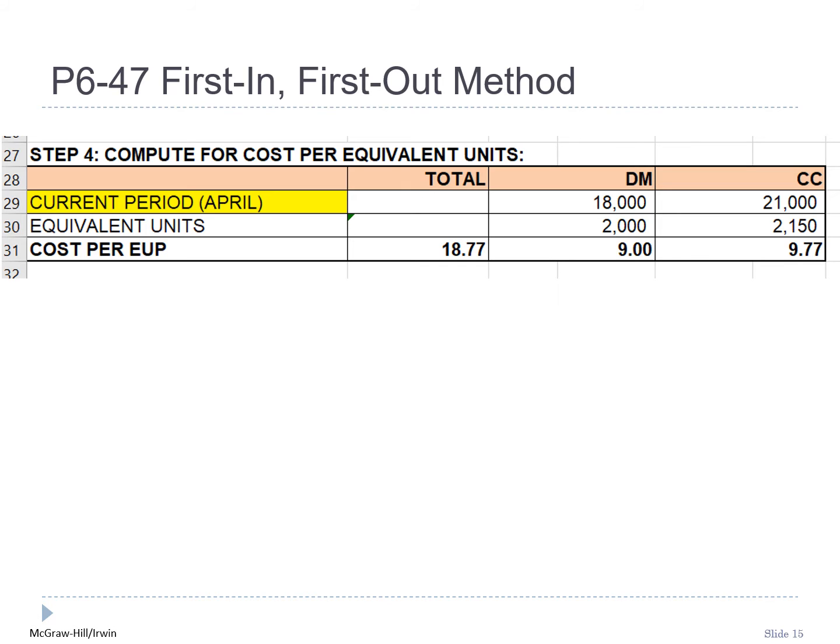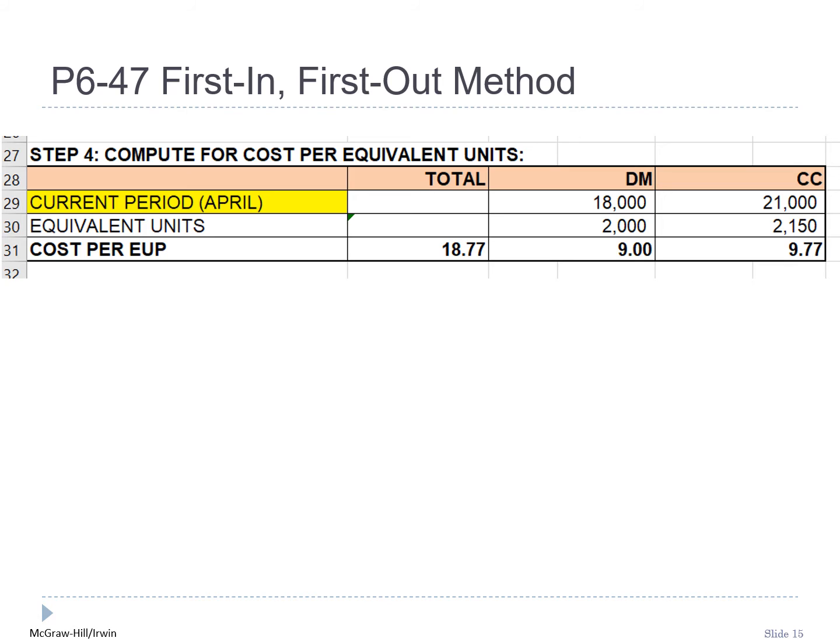So, as you notice, I highlighted the current period for April kasi yan yung one of the difference between weighted average and FIFO. So, ang numerator ng cost per EUP natin is current period cost lang. So, hindi ko sinama yung cost incurred sa beginning inventory. So, that is 18,000 for direct materials and 21,000 for conversion cost.